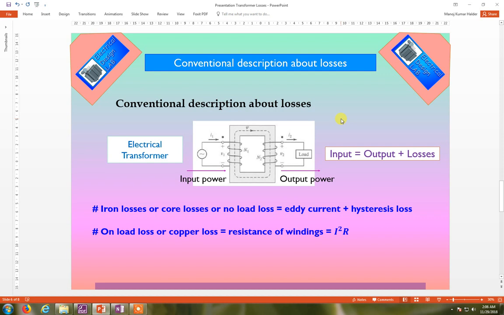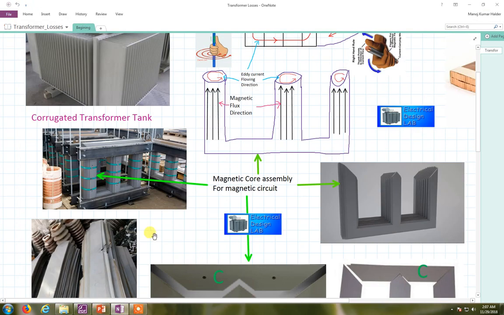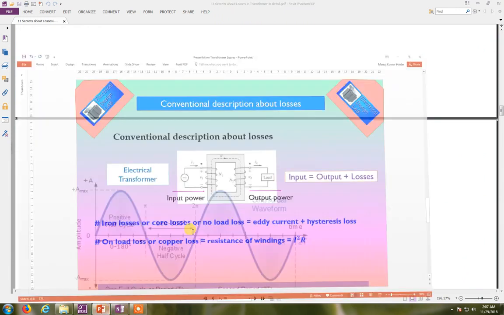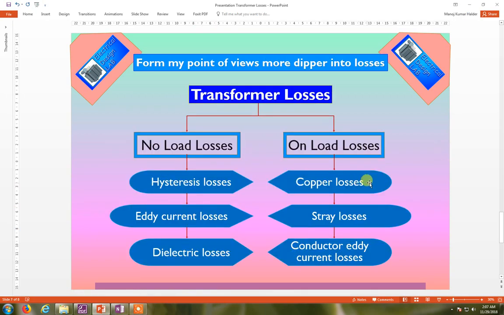That's why the conductor has resistance, and because of its resistance there are some power losses, equal to I square R amount of power losses in the conductor while current flows through the secondary when load is connected. So you understand the no load and on load losses, about the copper losses.